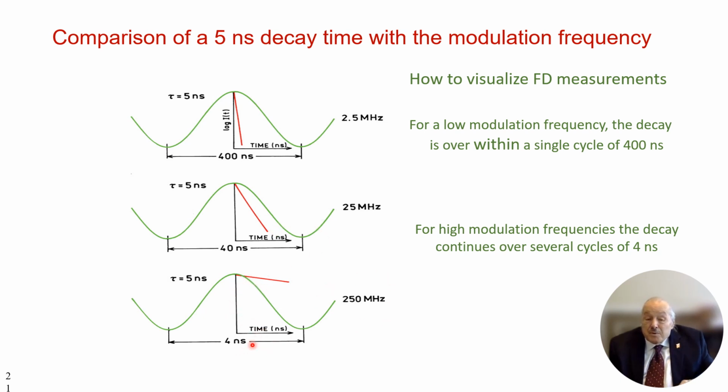But if you go up to 250 megahertz, obviously the 5 nanosecond lifetime is continuing across the 4 nanosecond time from peak to peak, and this is the reason for the large increase in the phase delay and for the decrease in modulation. So I hope these two slides can give you a feeling for why the phase and the modulation change with the lifetime of the fluorophore and the frequency of the modulation.